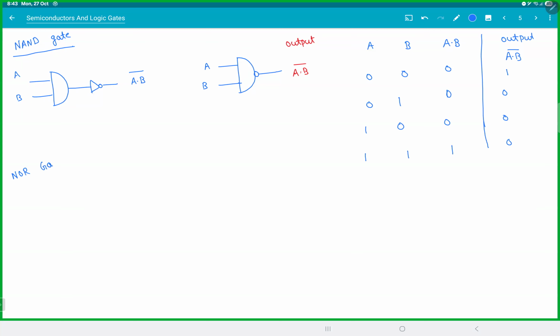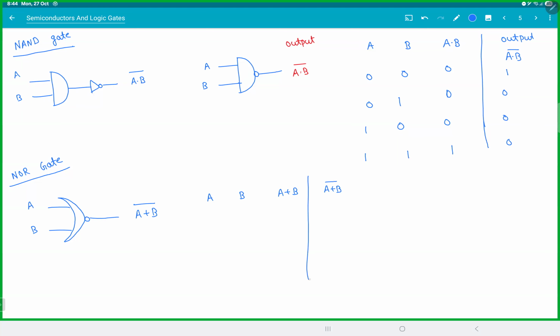So the moment you put that N in front of it, it is a negation basically. A NOR gate will have the same symbol as OR gate, but a circle in front of it. So the moment you put a circle in front of it, it becomes the negation. So what is OR gate? A plus B. The negation of A plus B is A plus B whole bar. So A plus B, A plus B whole bar.